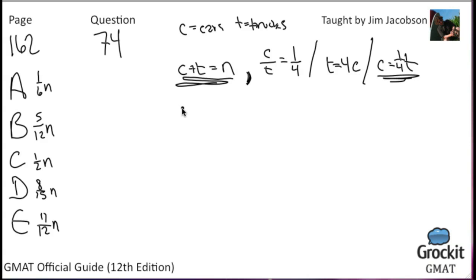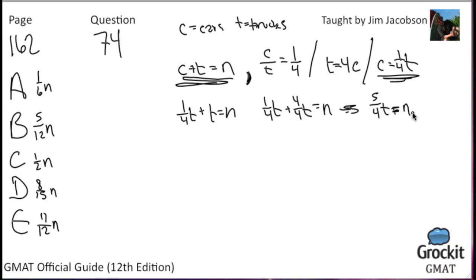So we end up with C is 1/4 T plus T equals N, which is the same thing as 1/4 T plus 4/4 T equals N. So that's 5/4 T equals N. So the number of vehicles in the lot is 5/4 the number of trucks.